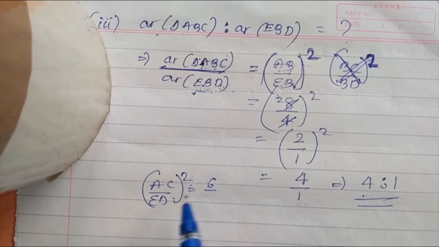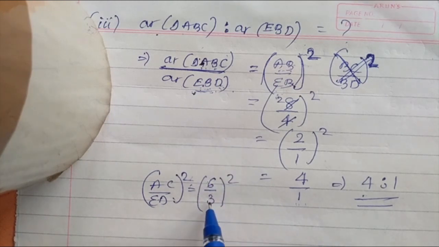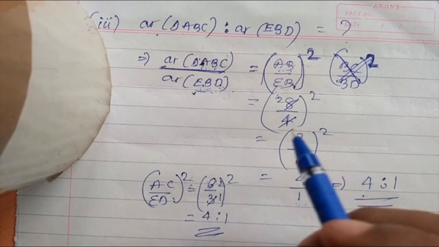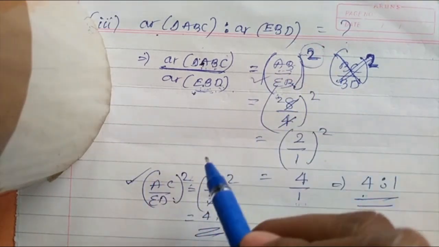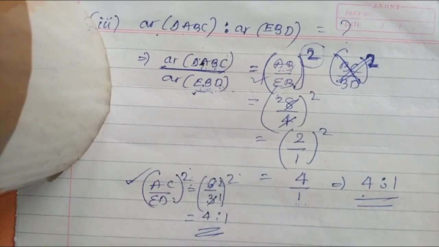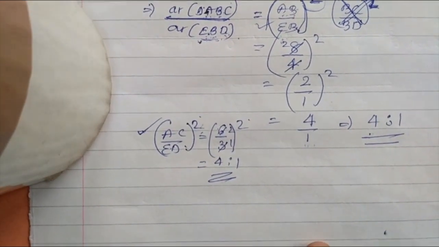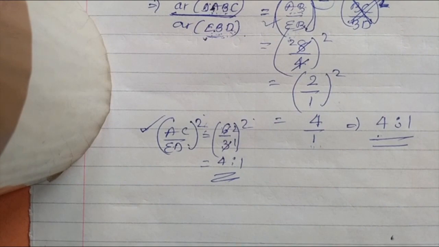ED length is not given, but we got that one as the unknown length, 3. Whole square. 3 ones are 3, 3 twos are 6. Look at here also we are getting 4:1. All the answers are correct only. You can take any one, either this or this, but go for whole square. Square is important. So in this way we follow 3 important levels of similarity of triangles.